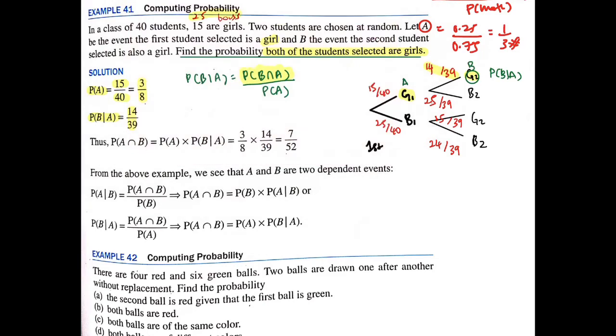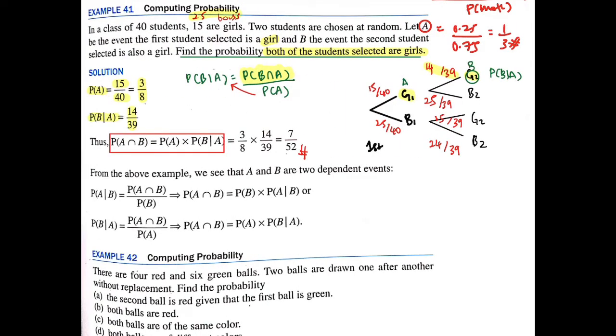So how can we solve this? We can just rearrange. This is cross multiply. So we can see the formula here after rearranging: P(A ∩ B) is equal to P(A) multiplied by P(B given A). So just take the value of P(A), 3 over 8, multiply by the value of P(B given A), 14 over 39. So you'll get your answer 7 over 52.